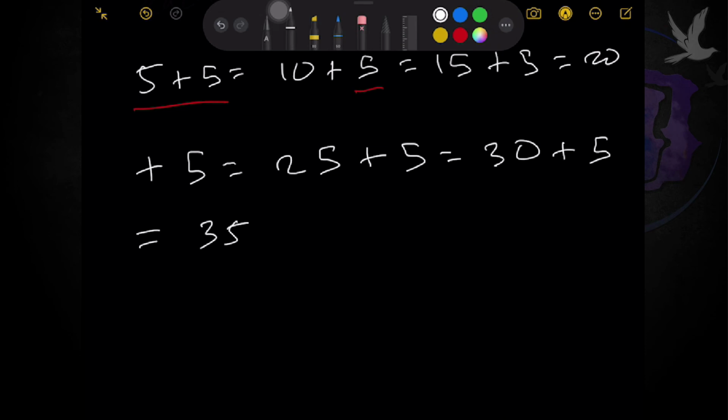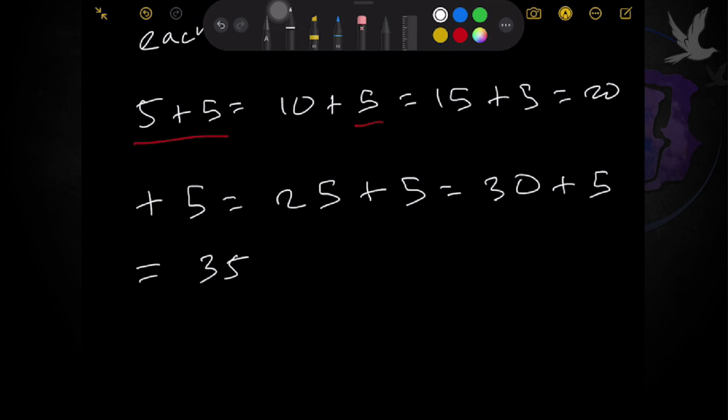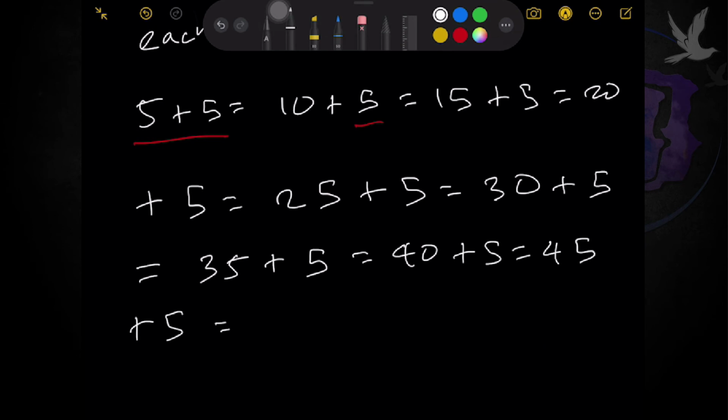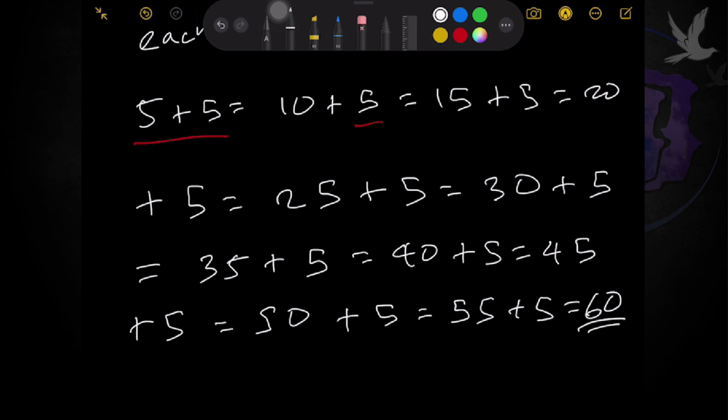Again, this is the logical approach because you cannot say that you have to do this certain operation to get that answer immediately without getting the logic. Okay? So plus 5 again, which will give us 40. Plus 5, which will give us 45. Plus 5 will give us 50. Another 5, 55. And another 5 will give us 60. Okay, now we were able to reach our target of 60.